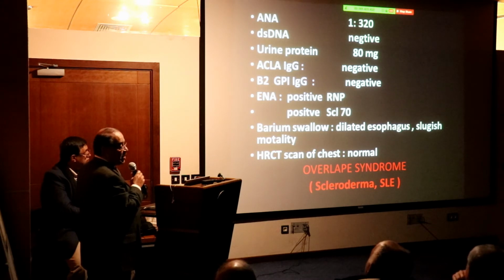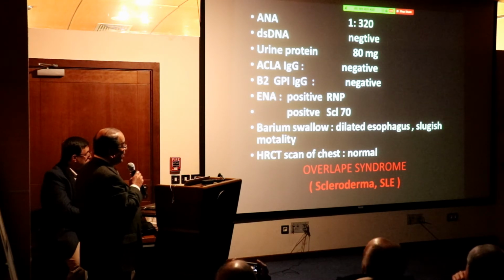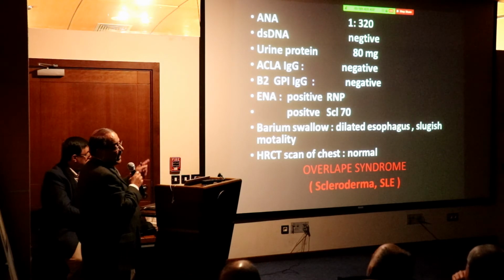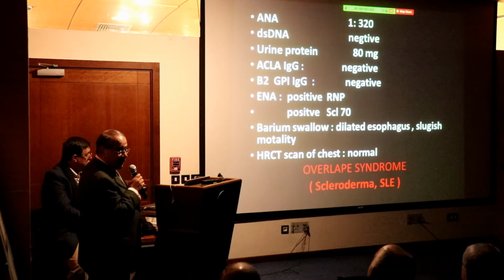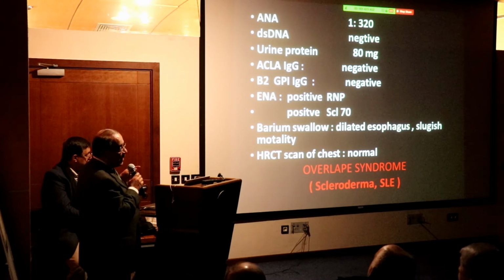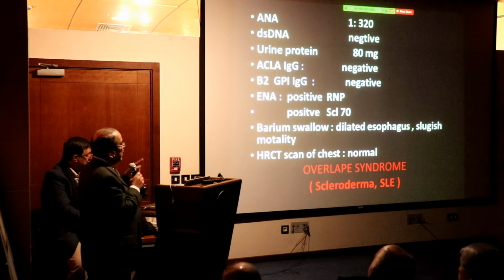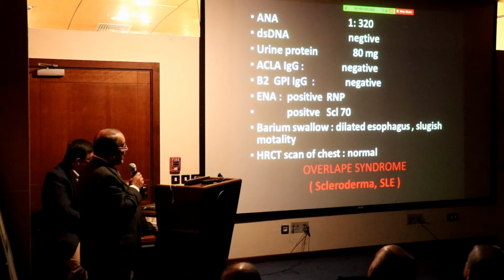Repeat ANA is positive, dsDNA negative, urine 80 milligrams, anticardiolipin antibody and beta-2-glycoprotein came back negative. In the criteria of antiphospholipid antibody, the test should be repeated after 3 months. If it persists more than 3 months, that means it is not transient. Here her antiphospholipid profile is negative again.